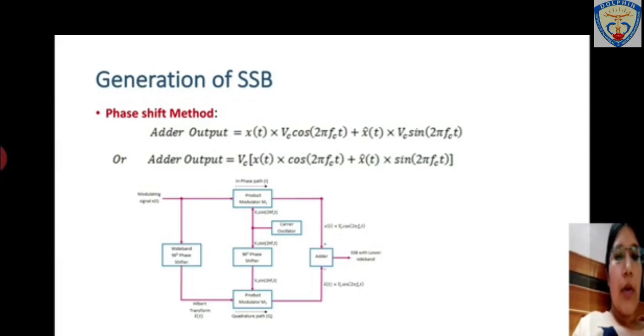But in the other product modulator, we have a 90-degree phase shift for both the message signal and the carrier signal, and the outputs from the two product modulators we can either add or subtract. If we do the addition, we get the SSB with the lower sideband, and if we do the subtraction, we get the SSB with the upper sideband.